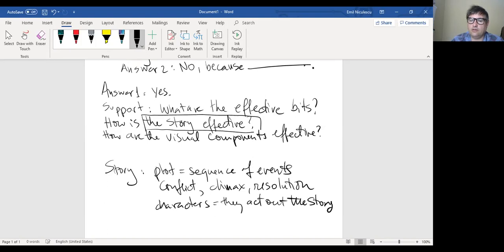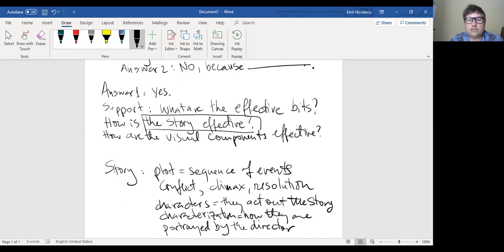And when we talk about characters, we always talk about characterization: how they are portrayed by the director. Because the director makes various decisions to show this character or that.